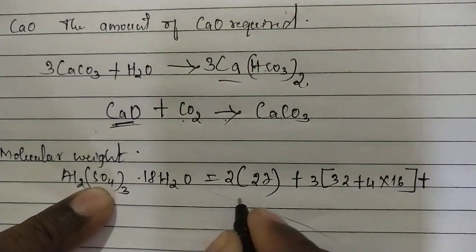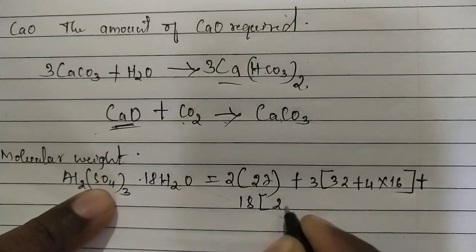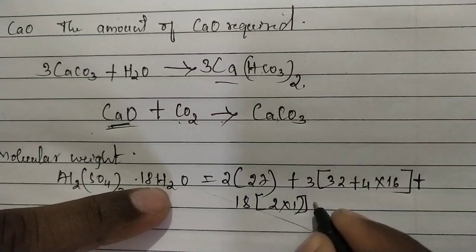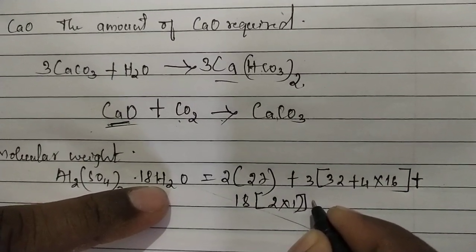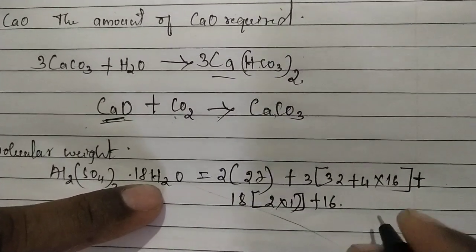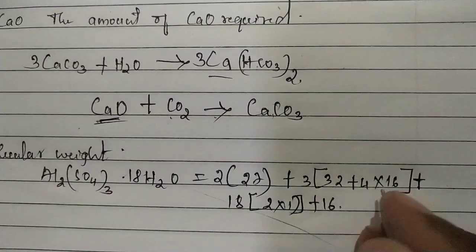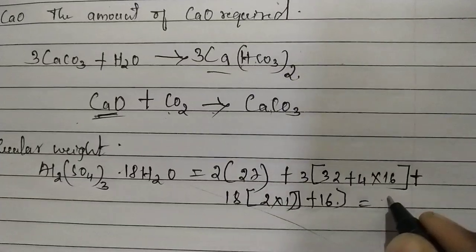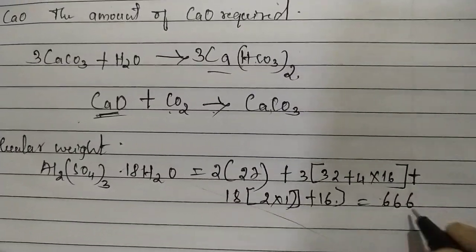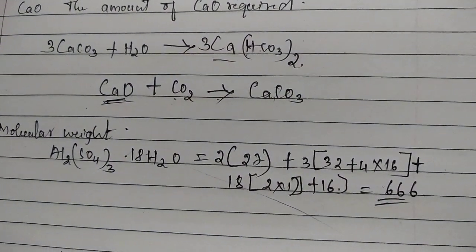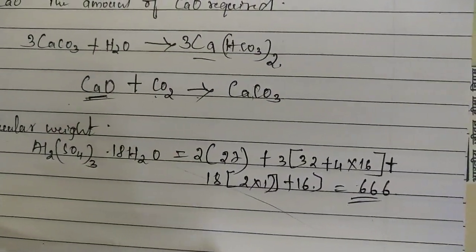This plus 18 into 2 into 1, that is hydrogen, plus 16, that is oxygen. So when you calculate this, you will get 666. So this is the molecular weight of alum added to the water sample.